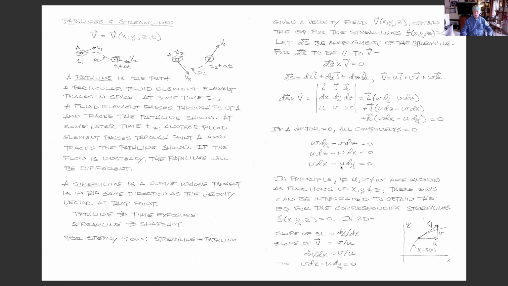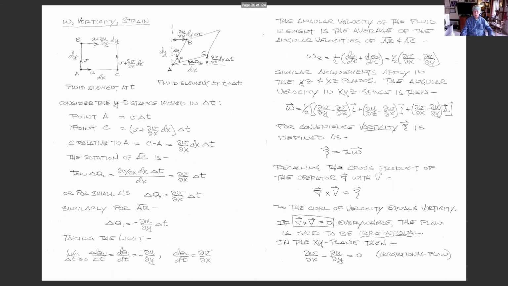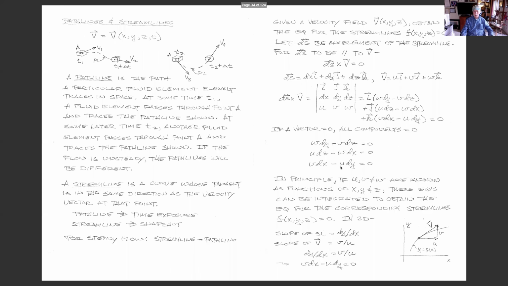And then if you go to 2 dimensions and take the divergence of v, you get u dx plus v dy equals 0.